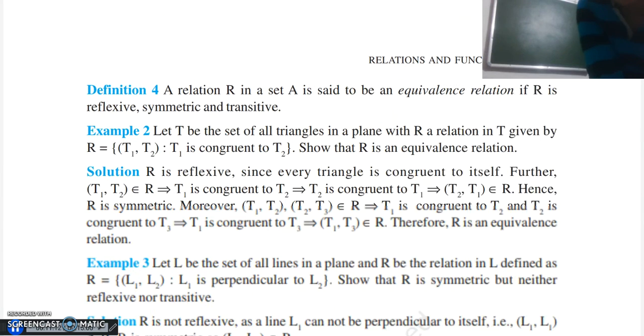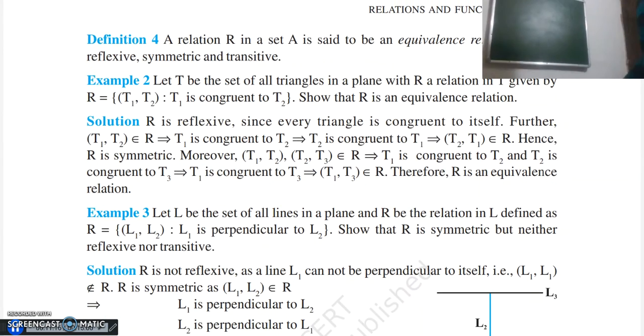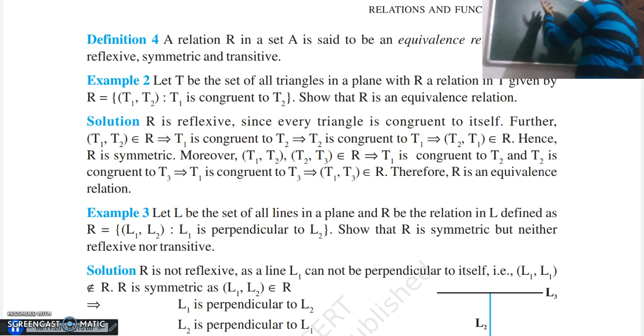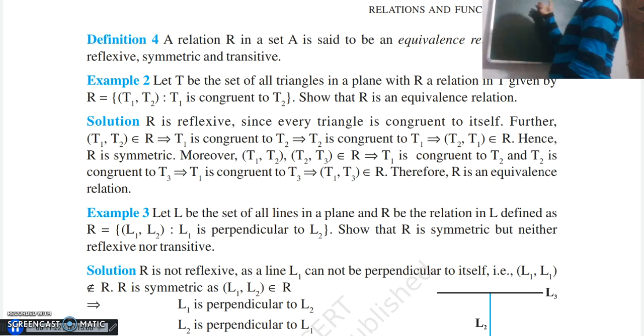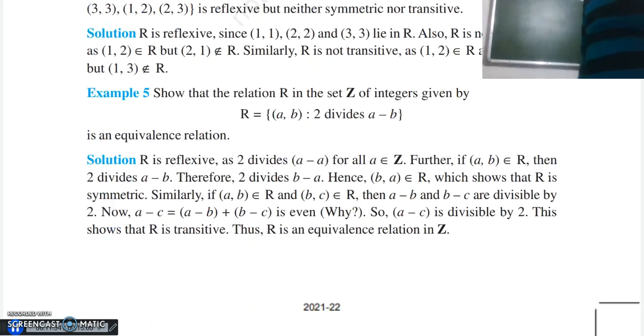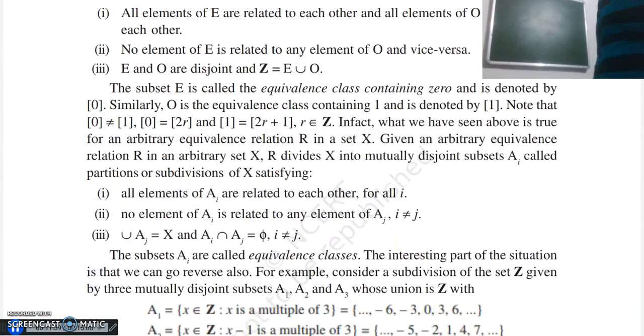And moving further is the equivalence relation. An equivalence relation is nothing but this: if a relation is transitive, symmetric and reflexive, then that relation is called an equivalence relation. Why equivalence relation? Because it contains all three. So we call it an equivalence relation.